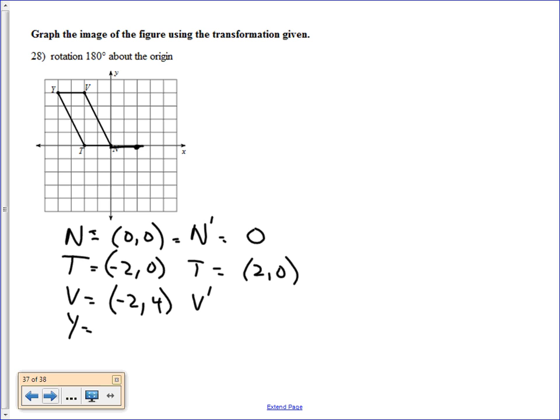So the new V is at +2, -4. Just the opposite of it. So +2, -4. And that rotates at 180 degrees.